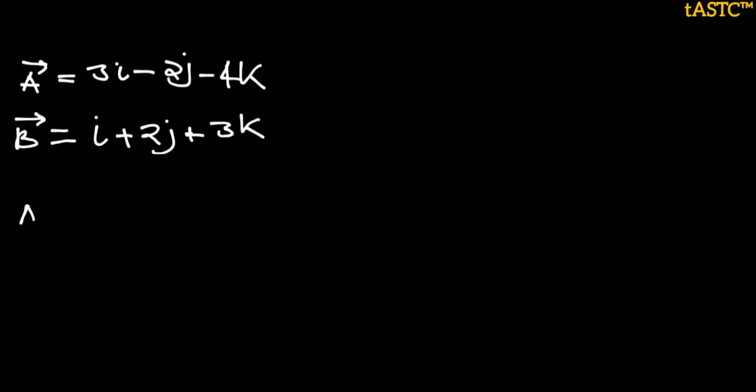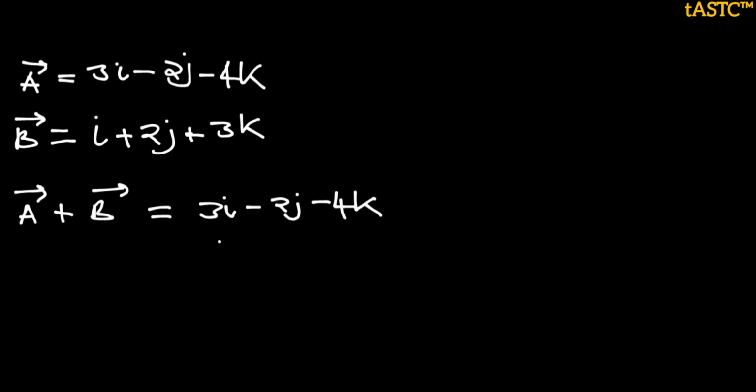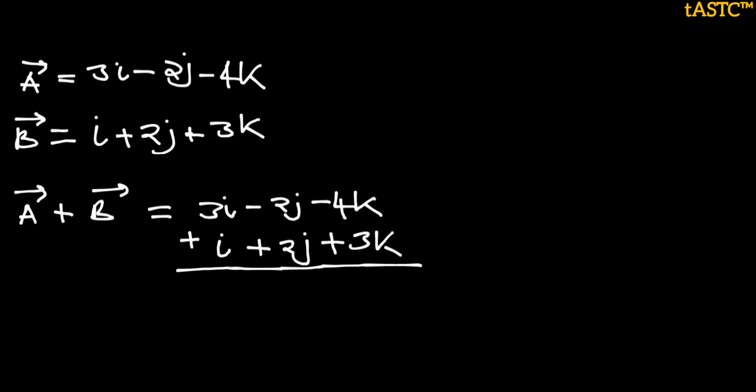Now what if you were asked to find vector A plus vector B? How would you do it? So basically that is going to be 3i minus 2j minus 4k, and we're going to have an i here, this is going to be 2j, and here we're going to have a 3k. So we basically just need to add it in this way. So this is going to be negative 4k plus 3k, that is going to be a negative k.